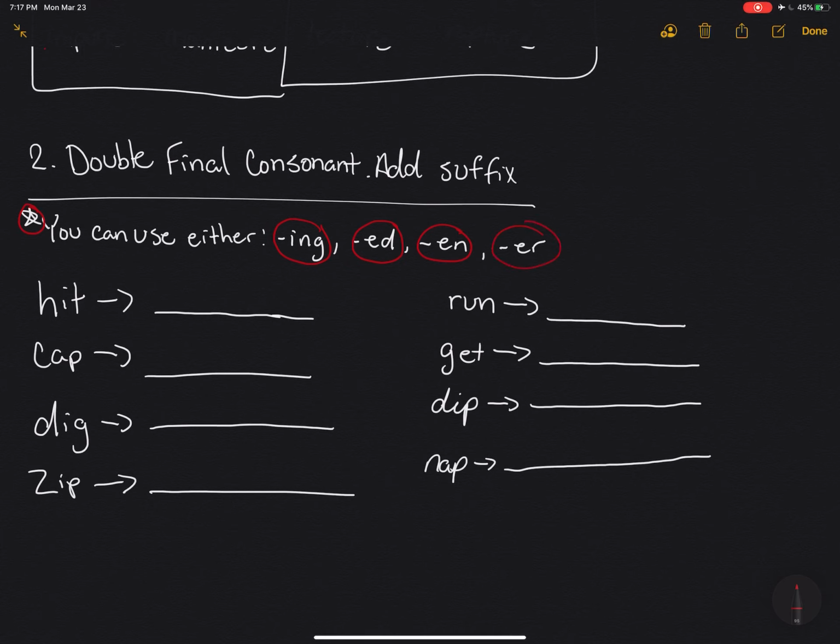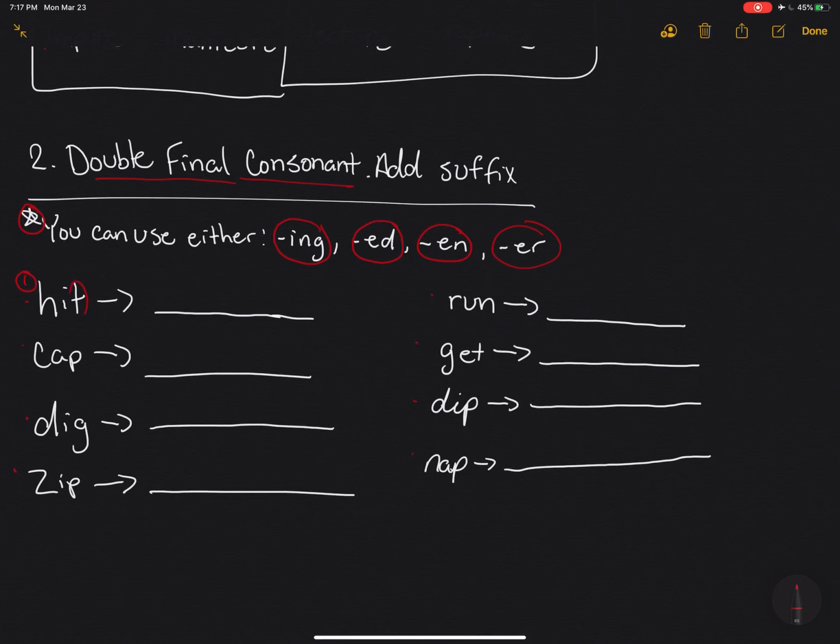You can use those for any of these words. It does not matter which suffix you use. It needs to make sense and it needs to go with the word. So for the first one, we're going to do 4 of these. For hit, double the final consonant is the first instruction.